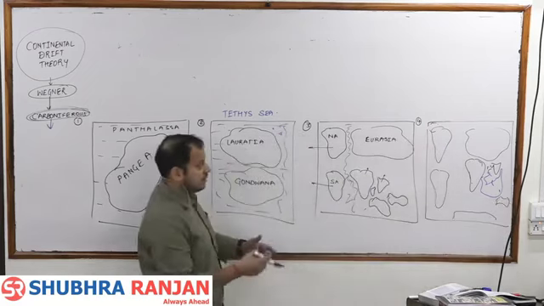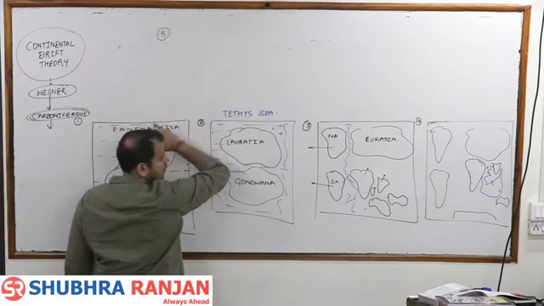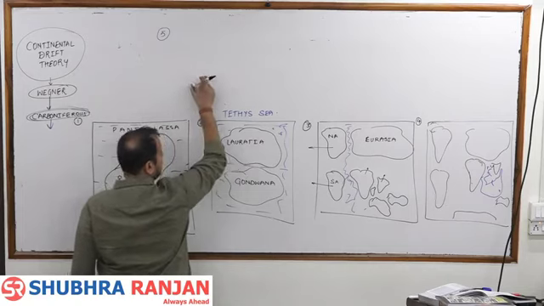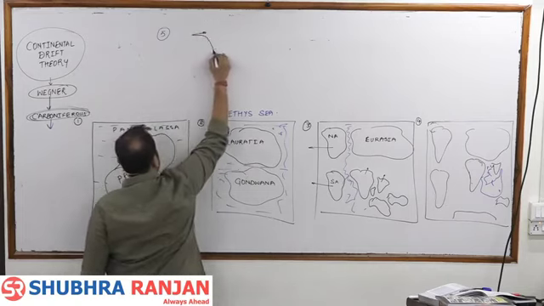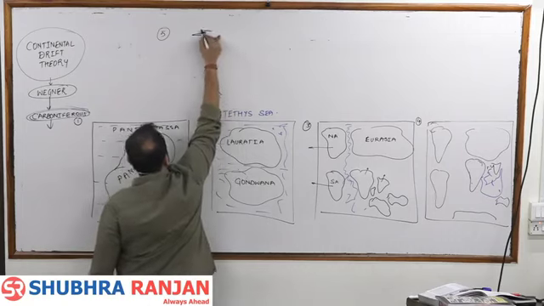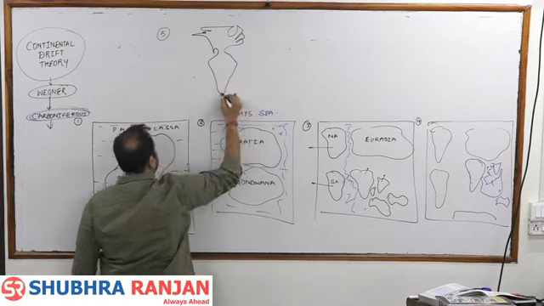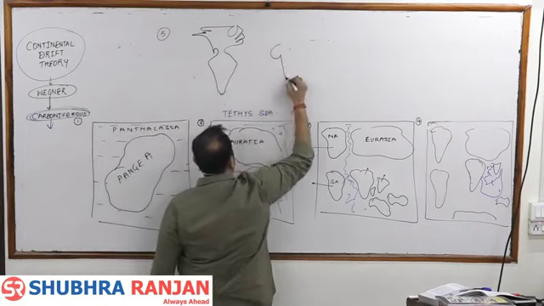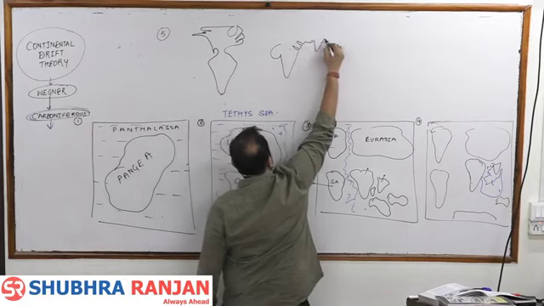Over the period of time, this continued to give rise to the present day arrangement of the continents, in which we have North America and South America. We have Africa. We have peninsular India.